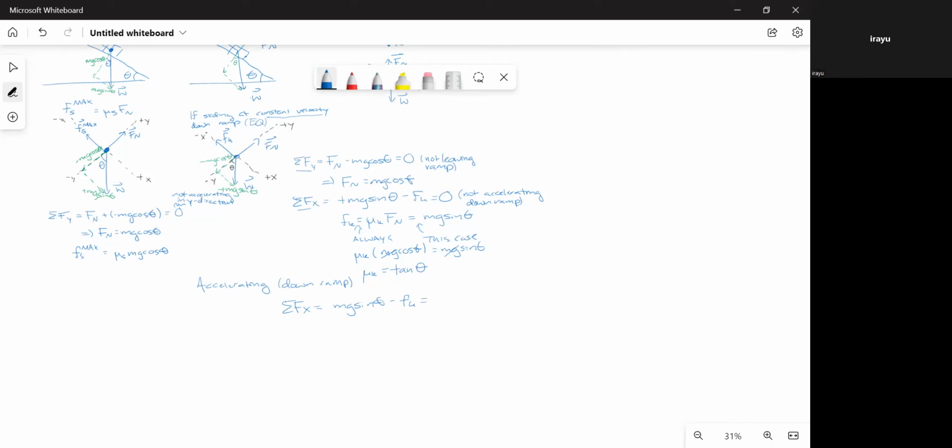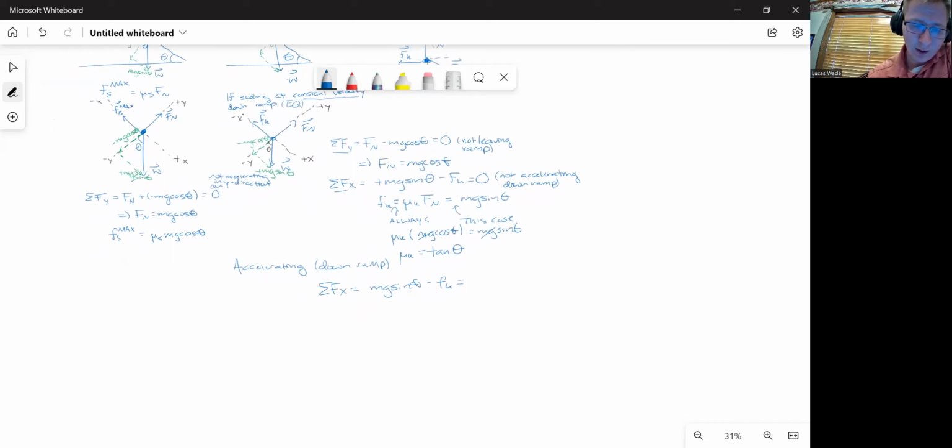What law tells us the relationship between net force and acceleration? Yep, ma, so that's Newton's second law. Net force is mass times acceleration.